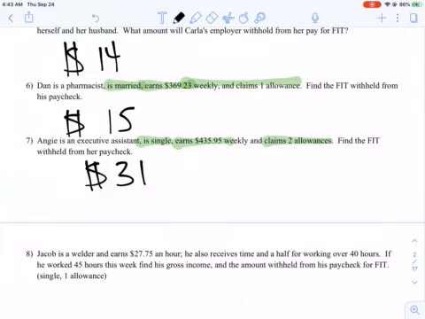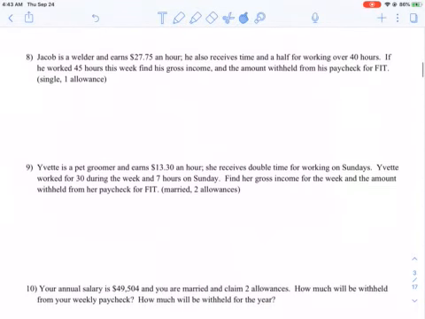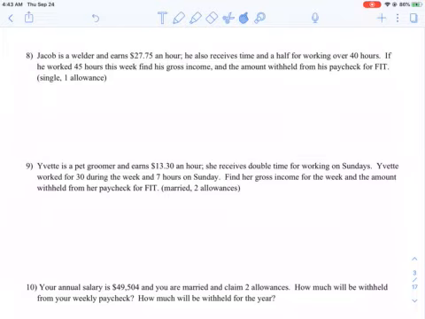Okay. Now, when you look at the next part, we just have to know how much they make a week. That's the key thing here. So, Jacob is a welder. He earns $27.75 an hour.